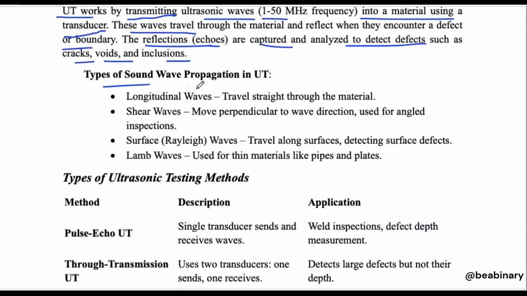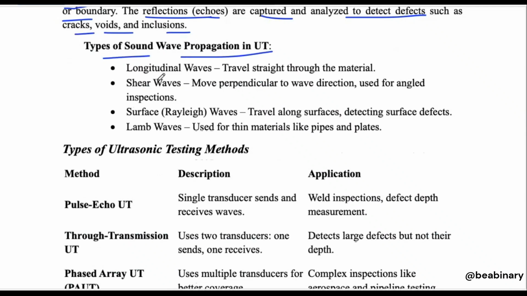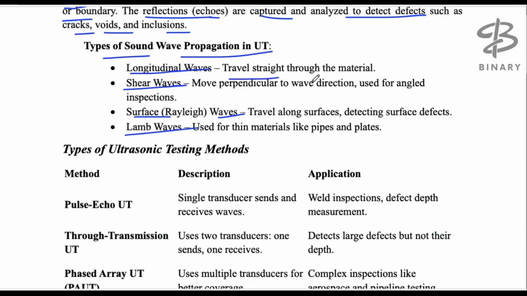Types of sound wave propagation in UT. What are the different types of sound waves that we use in ultrasonic testing? First is longitudinal waves, then shear waves, surface waves, and Lamb waves. Longitudinal waves travel straight through the material. Shear waves move perpendicular to the wave direction and are used for angled inspections.